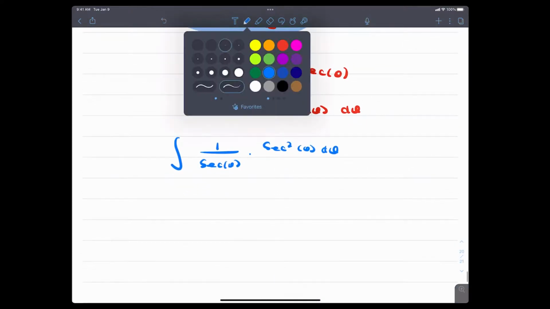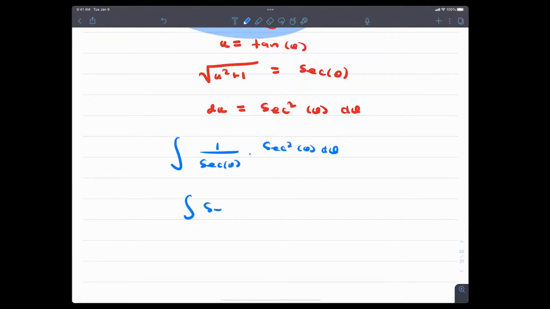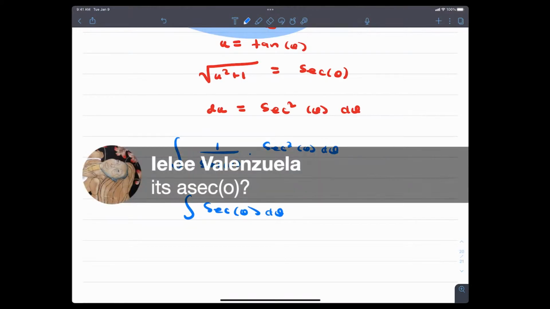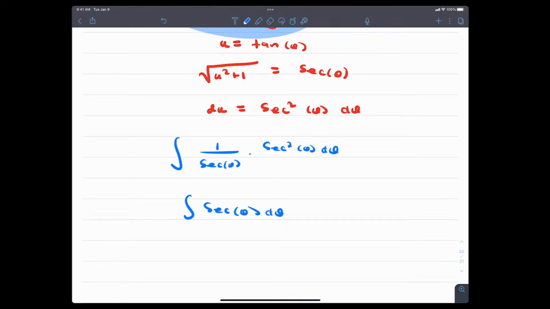Tell me, is this true? Is this just going to be the integral of secant theta? Double check. Thank you, Lela. You're right. If it's true, everything's fine, then remember I said some of these integrals show up over and over again? So those are kind of ones you want to double check. So double check the work, ladies and gentlemen, here.